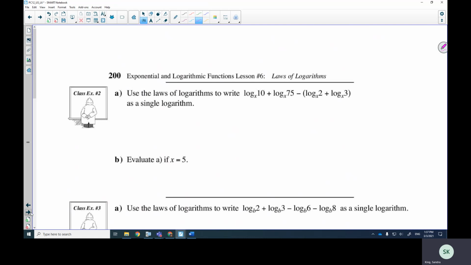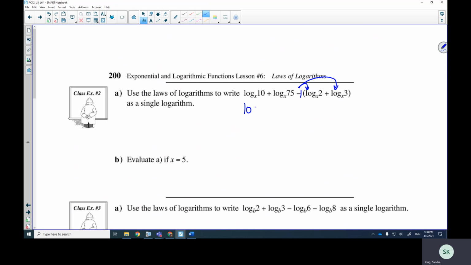Okay. Class example 2. Use the laws of logarithms to write this as a single log. So let's first look. We've got to get rid of this bracket. So this bracket's going to cause us an issue. So let's get rid of the bracket. There's a -1 there. So distribute that -1 in.